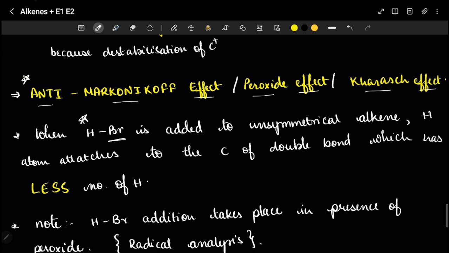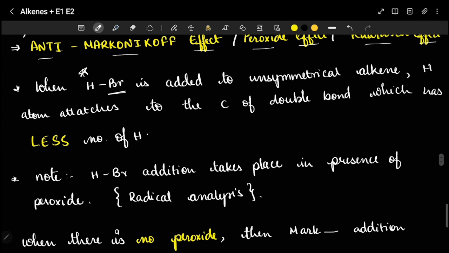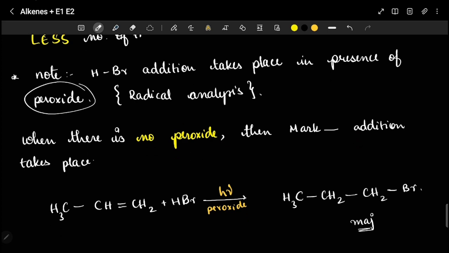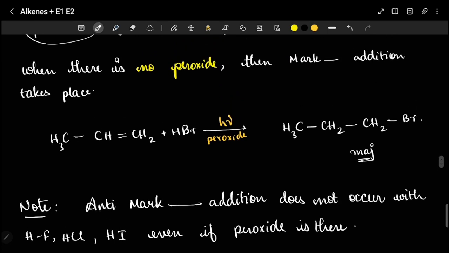And this reaction takes place in the presence of peroxide. So whenever there is peroxide, things become reverse. When there is no peroxide, Markovnikov addition takes place. But when there is peroxide, anti-Markovnikov addition takes place. And this peroxide effect takes place only in case of HBr.